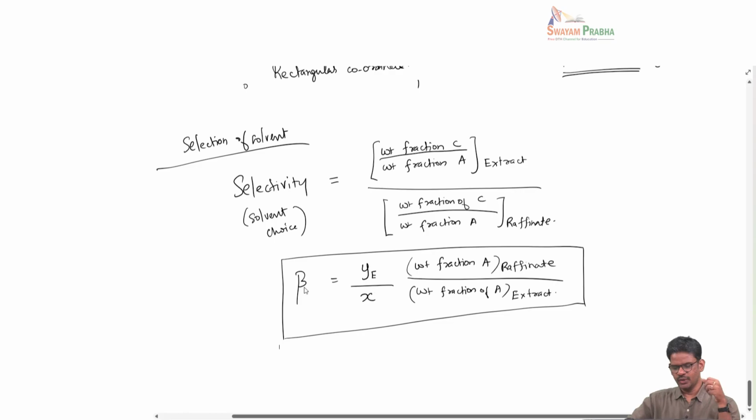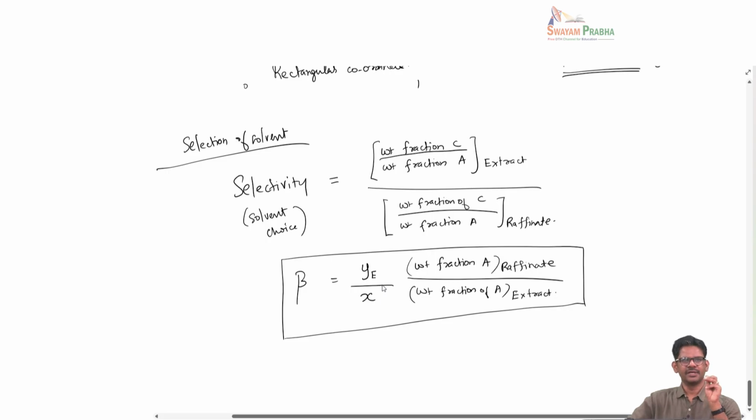You can see that this definition depends on the composition in question: what is the value of X and Y at that particular operating point? So we are not talking about a single value of beta, but a range of values. You calculate this by looking at the feed composition, the raffinate composition you need, and the extract composition you need. Over that range of composition, you should find the beta value.